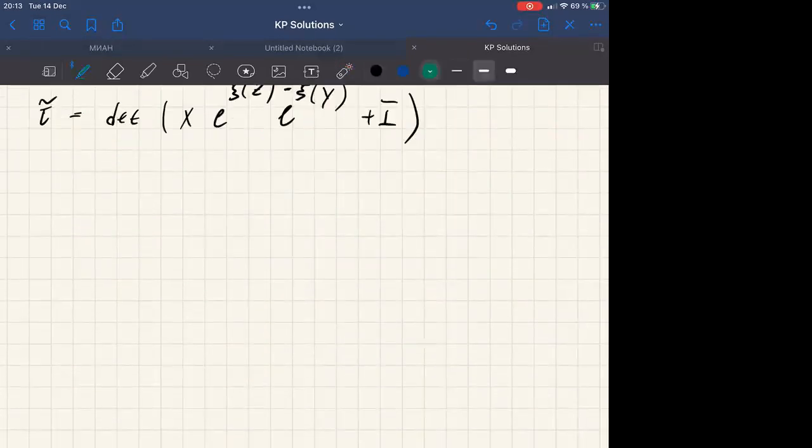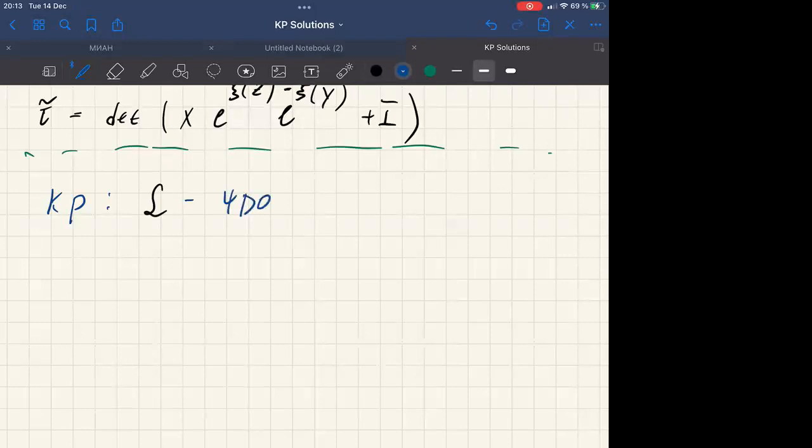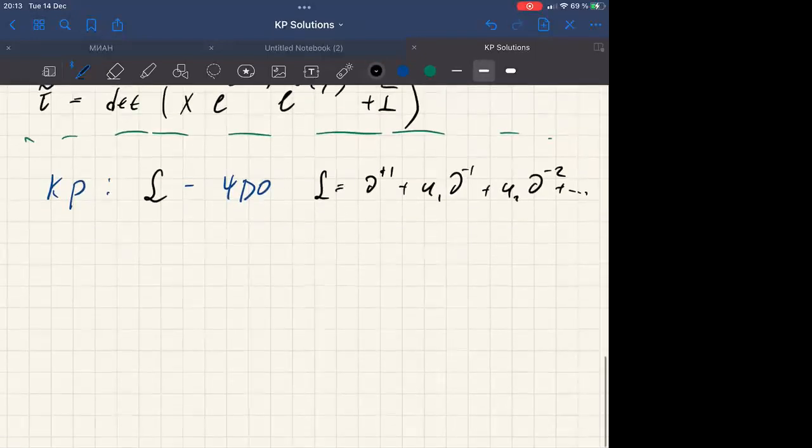Let us recall that our KP hierarchy was just L, where it's a pseudo differential operator, something like d_t plus 1 plus 1 plus minus 2, etc. But we know that we could reduce it to NPDW if we build it L to the power n is a differential operator.